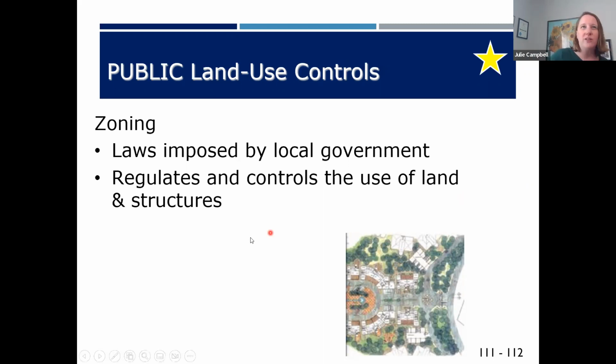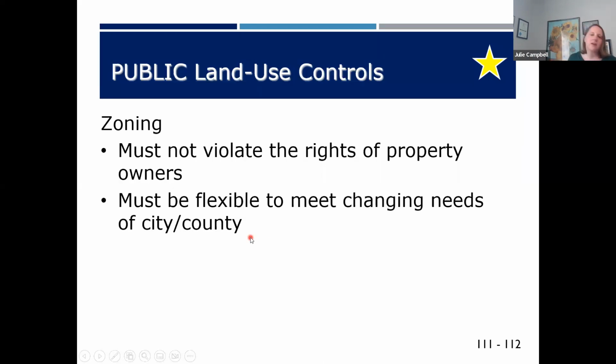Zoning laws and ordinances and controls cannot violate the rights of property owners. And they have to be flexible. Things change, so zoning has to change to adapt to what's going on. Zoning has to change to be able to allow for growth.